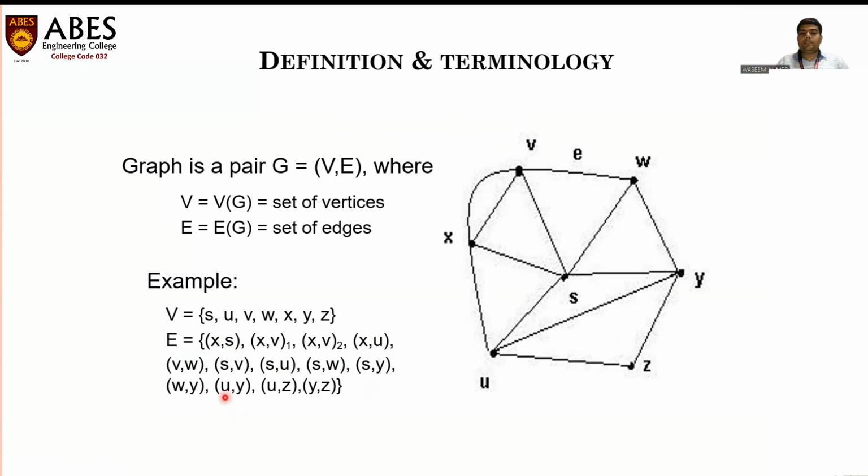And there are some edges, for example, XS, XV, XV again. There are two edges incident on these two vertices V and X, so we are going to take XV two times. Then XU, VW, and all the edges we are going to cover over here.